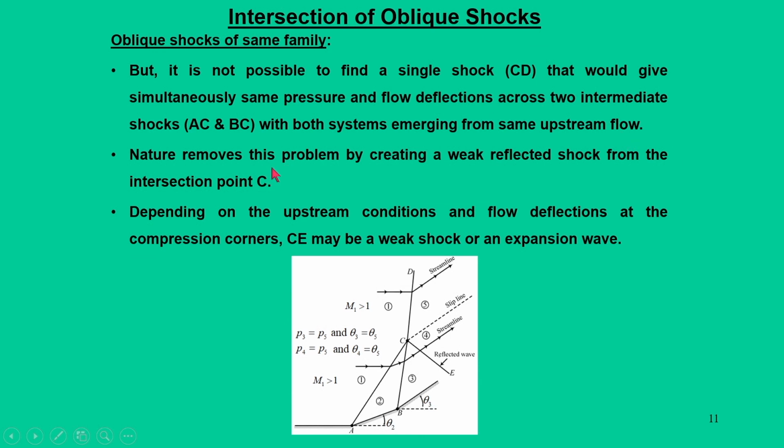So, nature removes this problem by creating an oblique shock at point C, which goes as CE, and this oblique shock CE is a very weak oblique shock, or it could also be an expansion wave, so that the conditions in regions 4 and 5 get mapped.